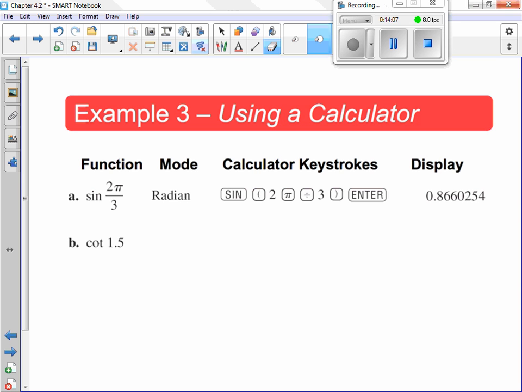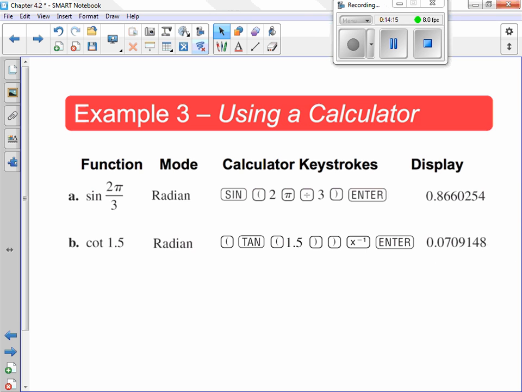Cotangent would be 1 over tangent, and we would just type these. If it has pi or a number, if there is not a degree marker, it's in radians.